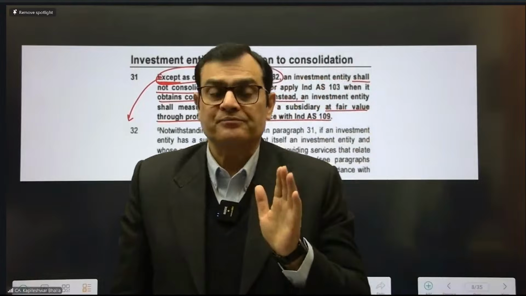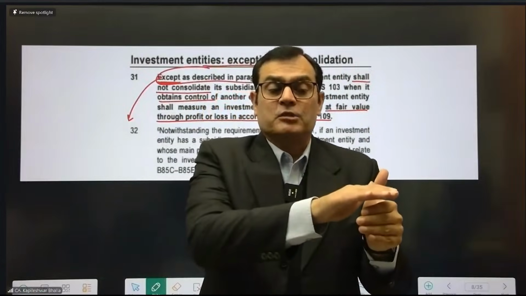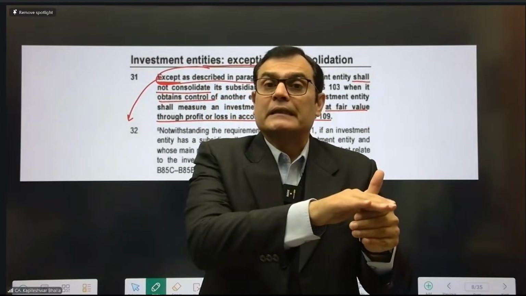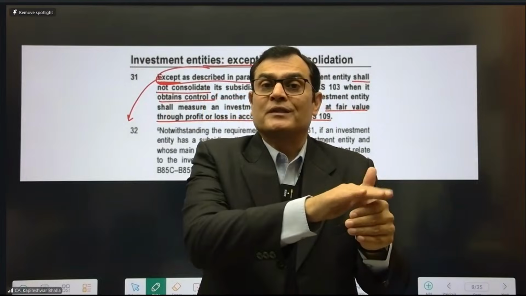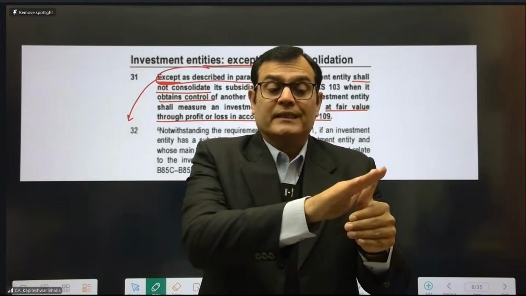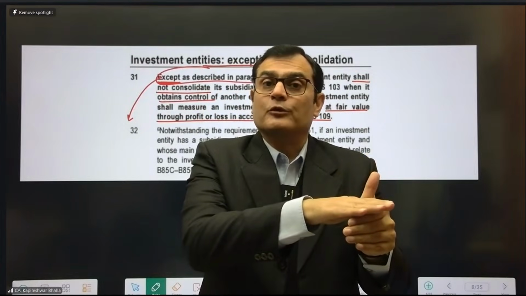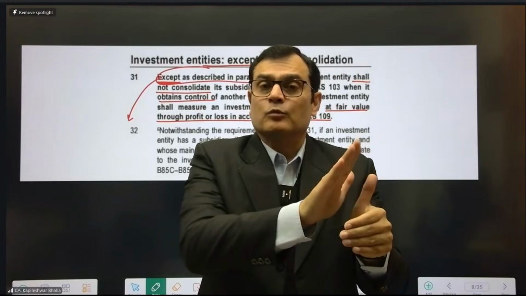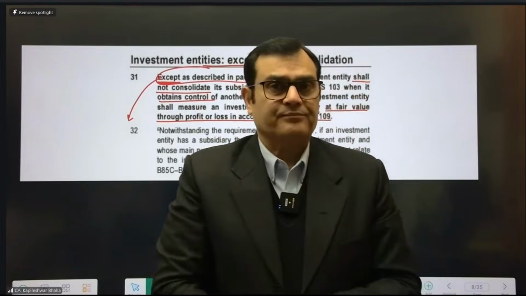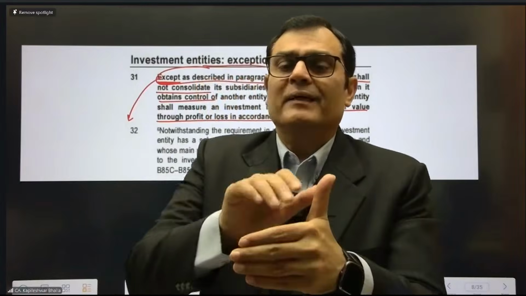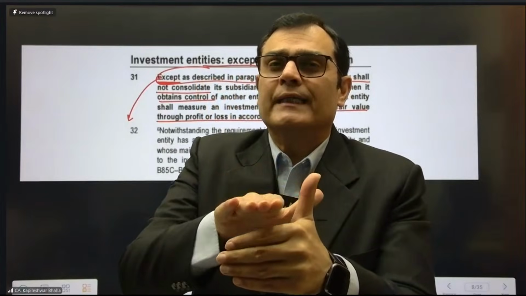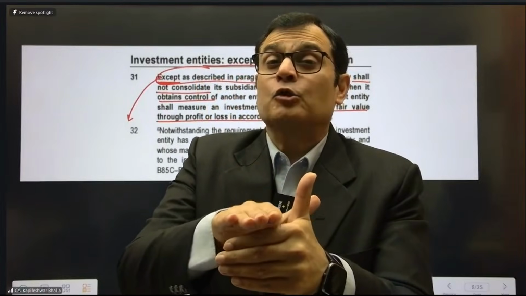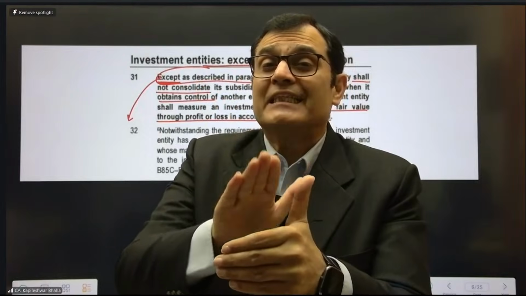Mind the words carefully. If you've got an investment in an unrelated party, it is Ind AS 109, where you take the investments at fair value through P&L or fair value through other comprehensive income without any recycling.